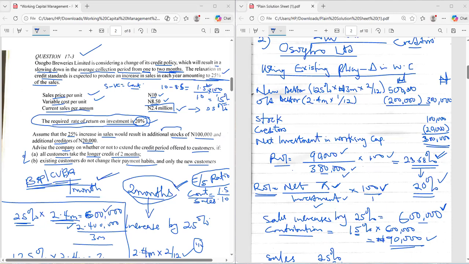Then you add 600K to 2.4, that's making 3 million naira. So that's the previous sales plus the increment. Since the sales was increased, definitely your profit will be affected, so there will also be increments in your profits.